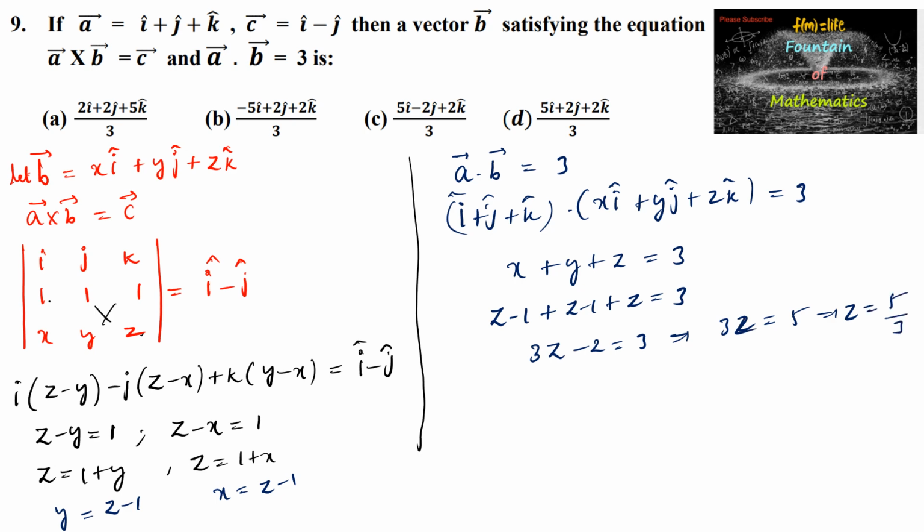When z is equal to 5 by 3, y is equal to x is equal to z minus 1. So that is 5 by 3 minus 1, that is 2 by 3. So we can write y value is 2 by 3 and x value is 2 by 3.